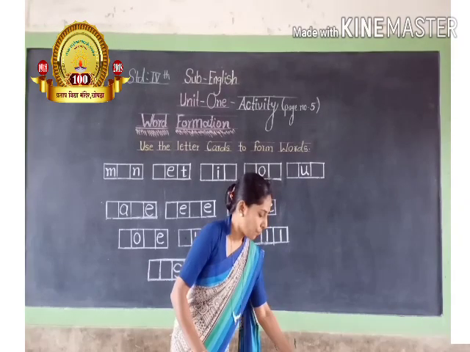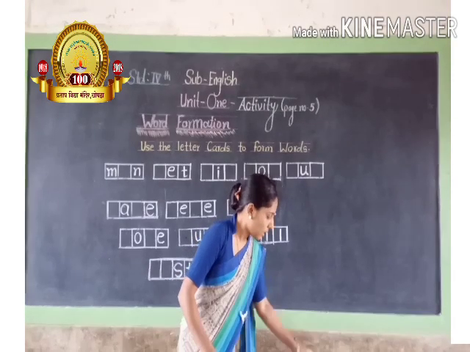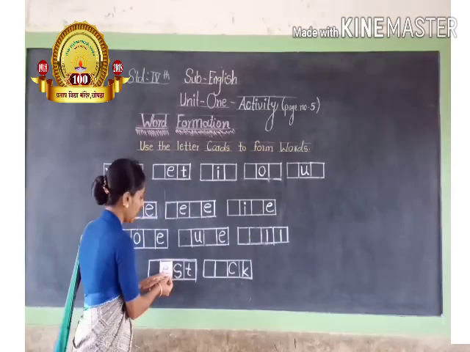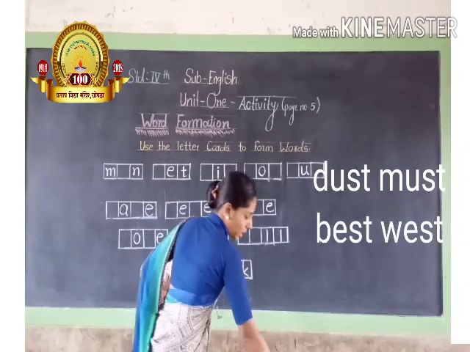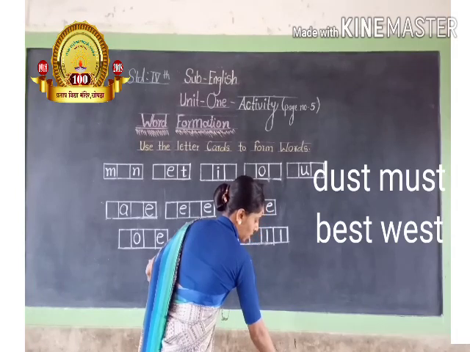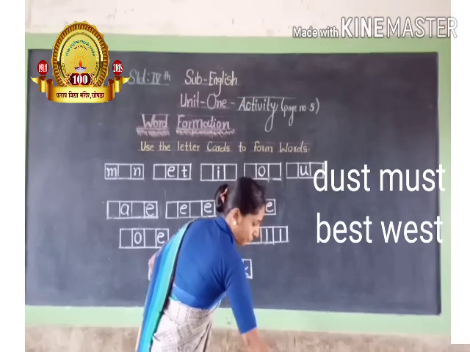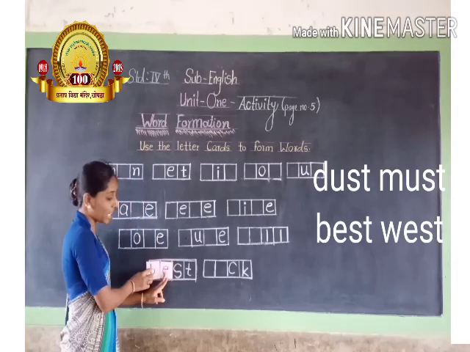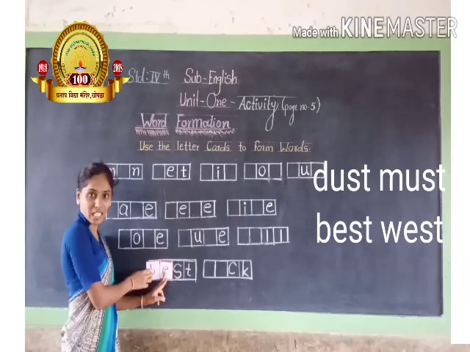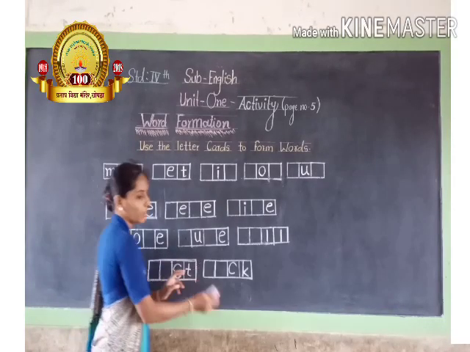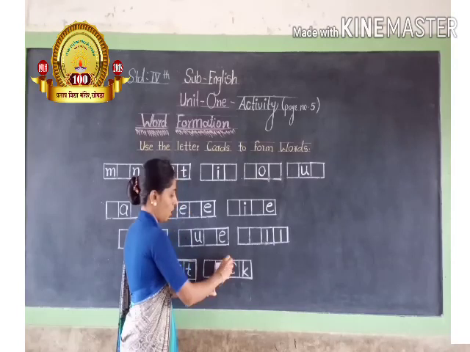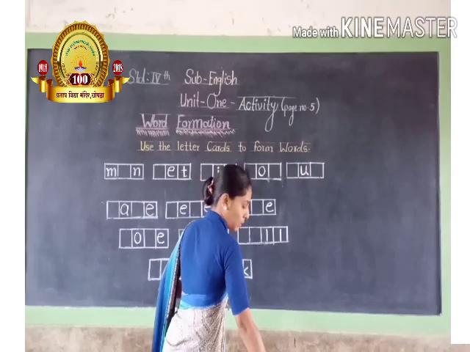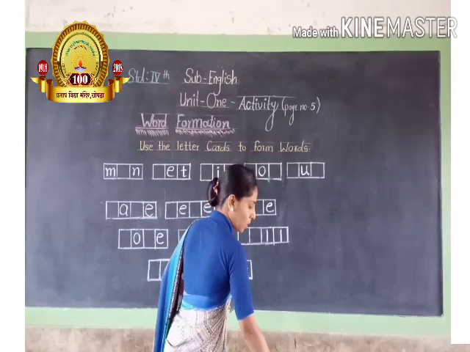First of all, I put here one vowel, E, and we must put here any consonant for making the word. B, BEST, best.